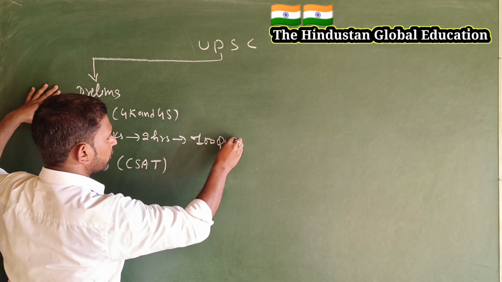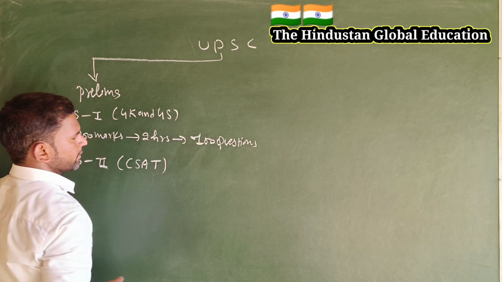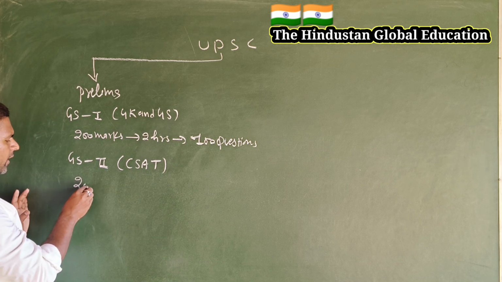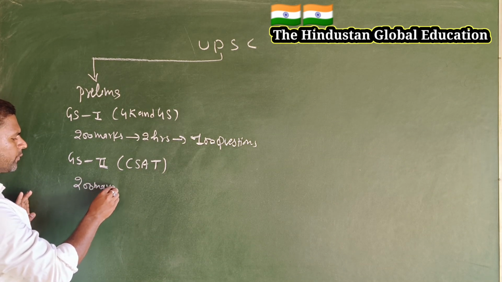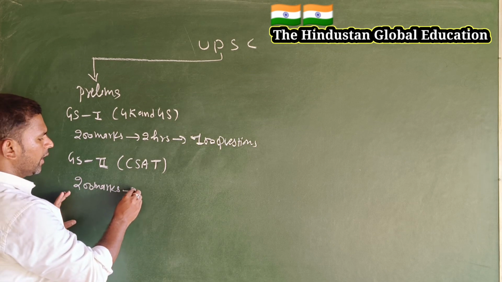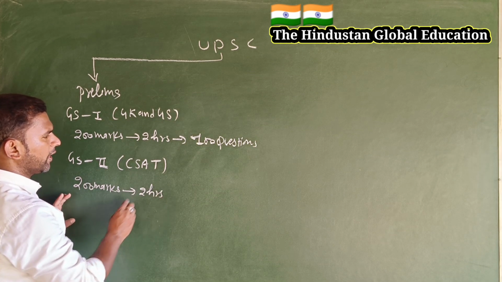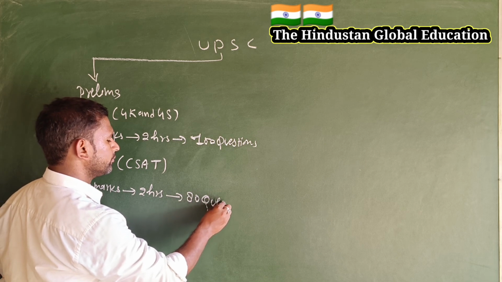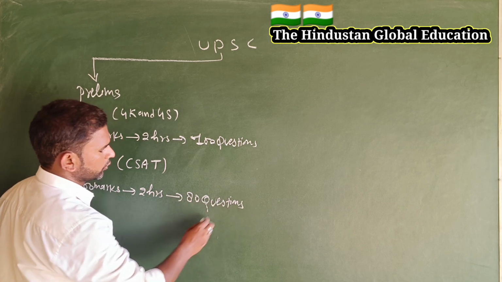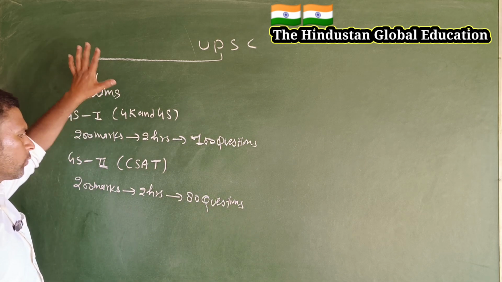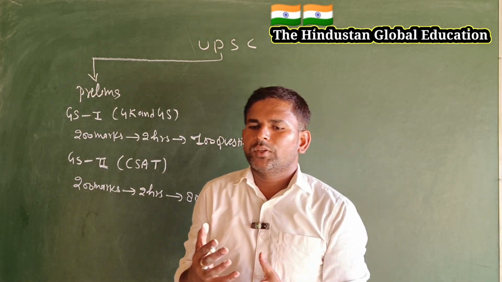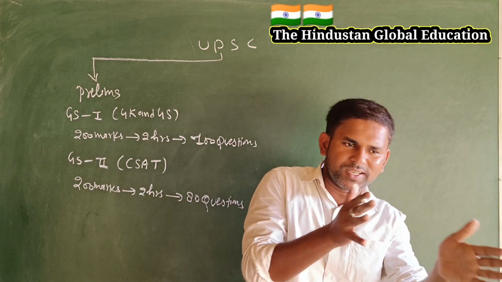In CSAT, you will get 200 marks, spend 2 hours, and face only 80 questions. After qualifying this exam, you will enter the next stage.